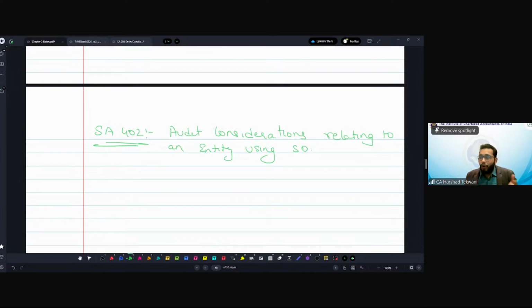Can anyone tell me what is a type 1 report if they have read something before? Anyone? So when the auditor is checking the operating efficiency and effectiveness, then the type 1 report will be issued.